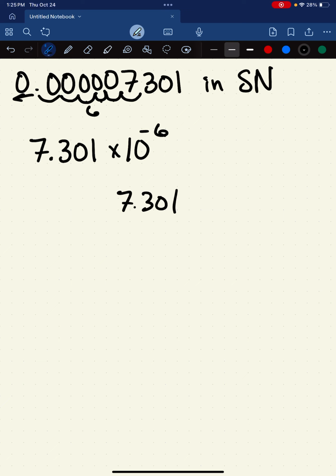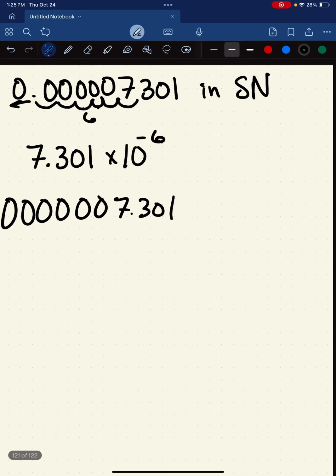So let's check it. 7.301. And remember, infinite number of zeros off to the left. Times 10 to the negative 6, times 10 to the negative 5, negative 4, negative 3, negative 2, negative 1. 10 to the 0 is 1, so we stop. So that's that number.